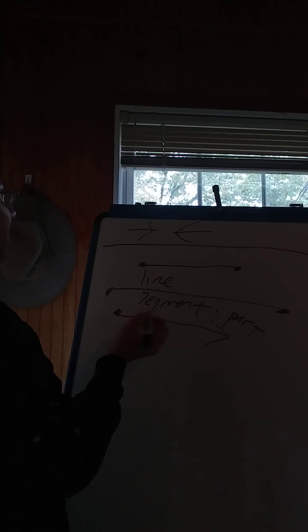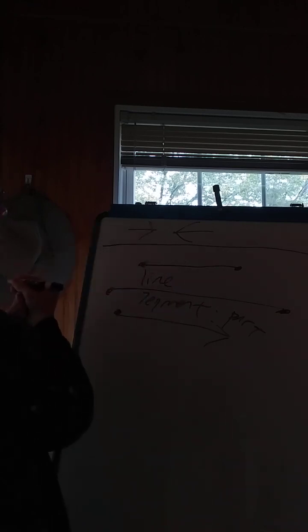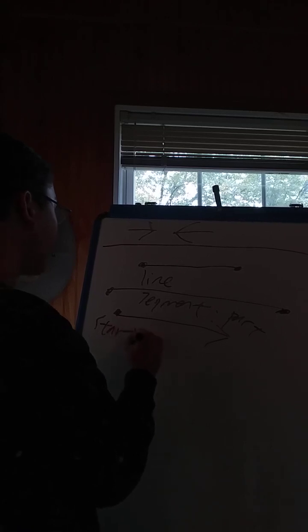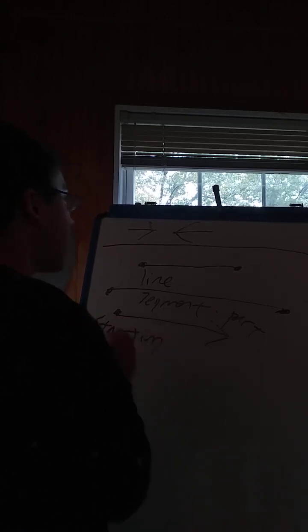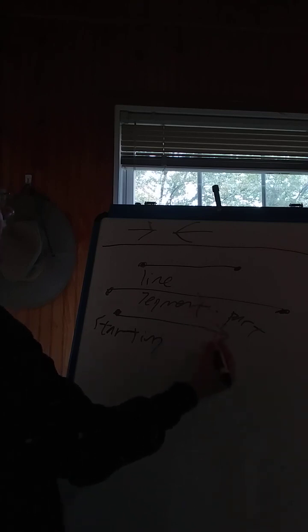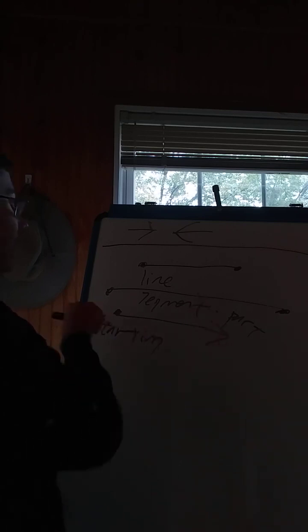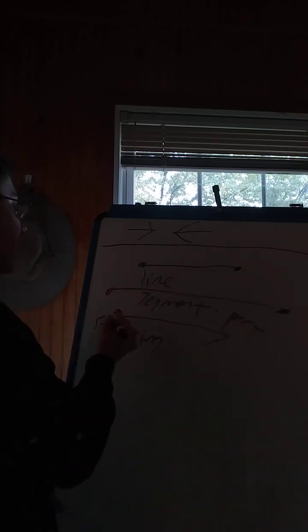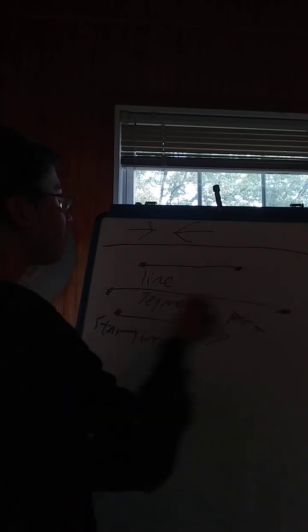So think of this dot here. If it is over to the left part of the line, it is the starting point. And this arrow does not mean that is a stopping point of the line. The arrow is just pointing which direction it's going. And from the starting point, the line is just going to keep going and going.